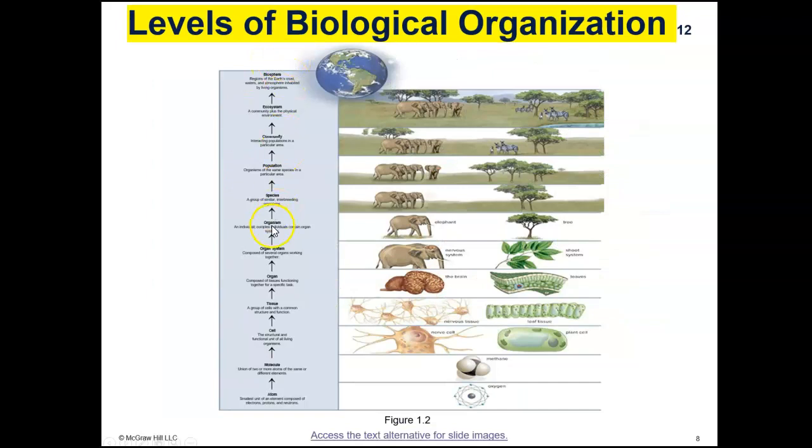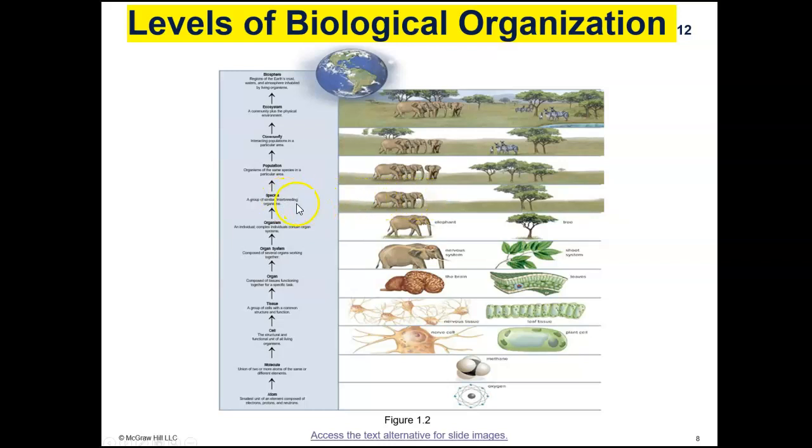And then we can add to that when we put more than one organism together in a group. A species is defined as a group of similar interbreeding organisms. They're able to interbreed and reproduce organisms of the same species.